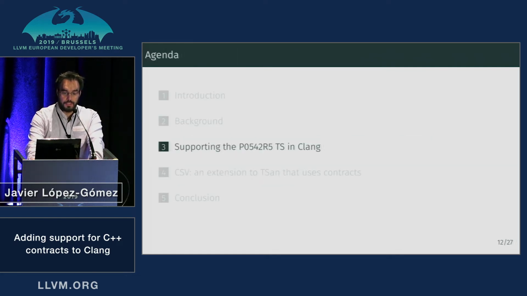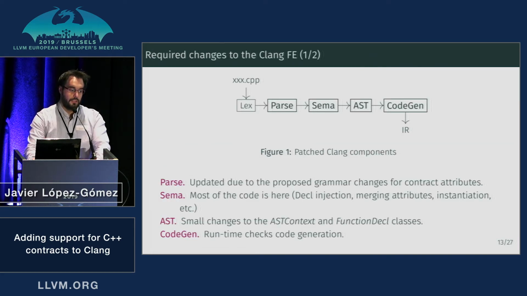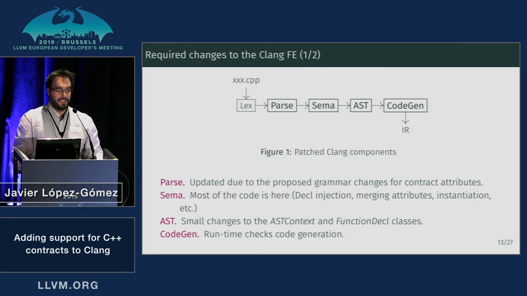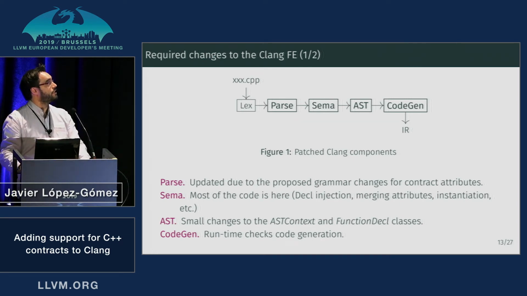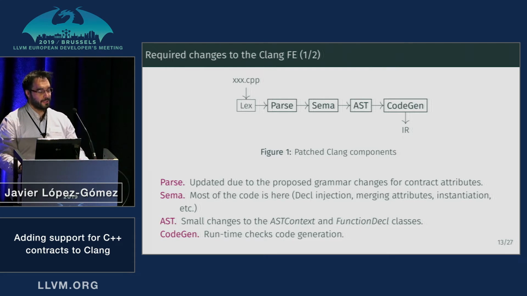So I did an implementation of this technical specification in Clang. I'm not going to tell you all the intricacies of this because it's going to take so long. But I did changes to almost all the components of Clang.